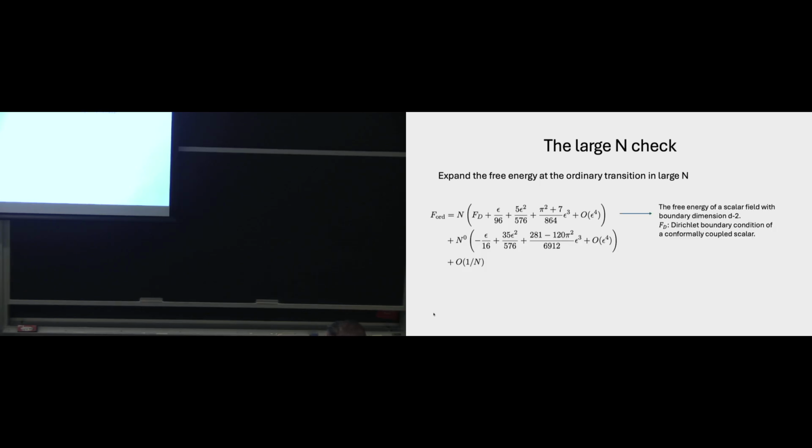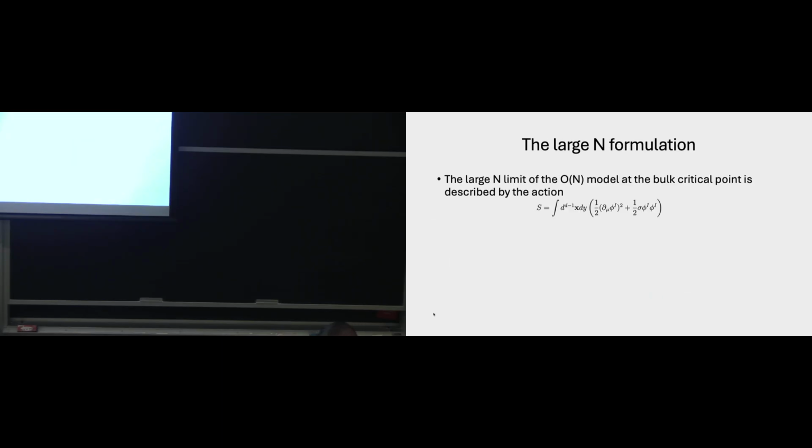The first line is the free energy of a conformally coupled scalar with boundary dimension d minus 2. It's known, and I'll explain why later. And what are these terms? That's what we want to check. Can we recover these terms from an independent large n calculation? That's what we are going to do now.